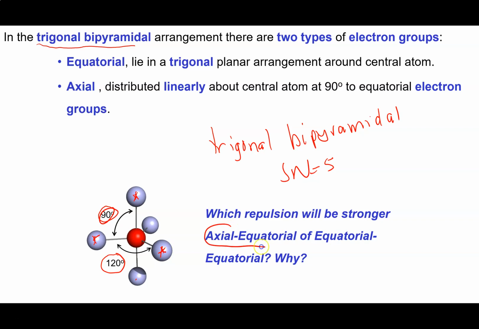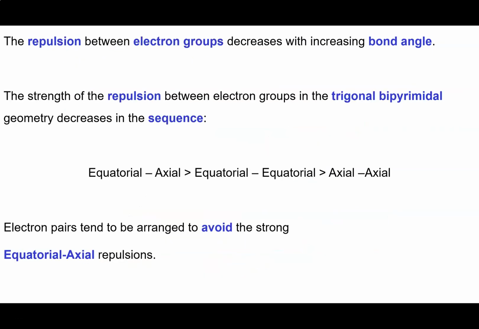The axial-equatorial repulsion is going to be stronger because the bond angle is less. As the repulsion between electron groups decreases with increasing bond angle, there's a variation in the strength of the repulsion between the electron groups in this trigonal bipyramidal geometry.